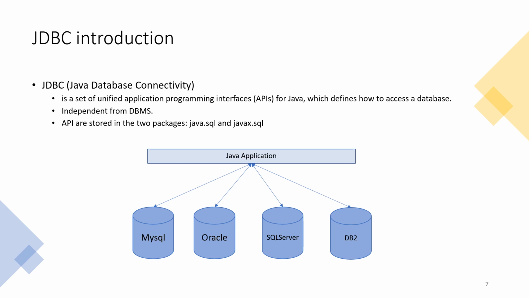So what is JDBC? Literally, it means Java Database Connectivity. It is a set of unified application programming interfaces, so JDBC is a set of APIs for Java.